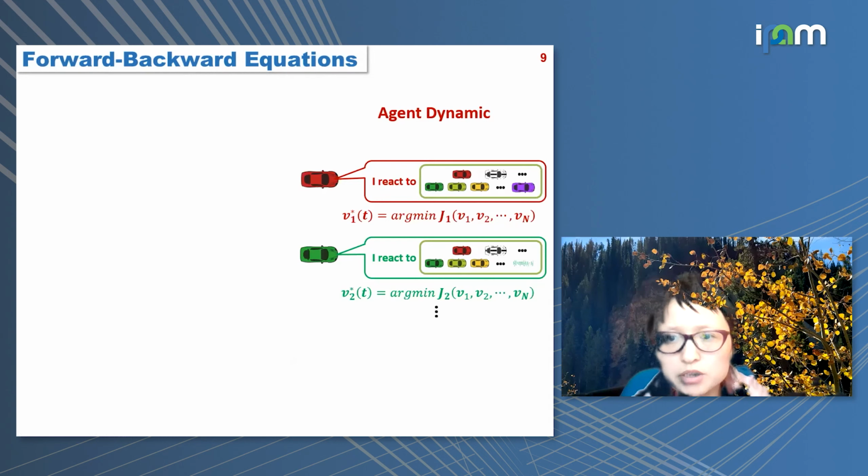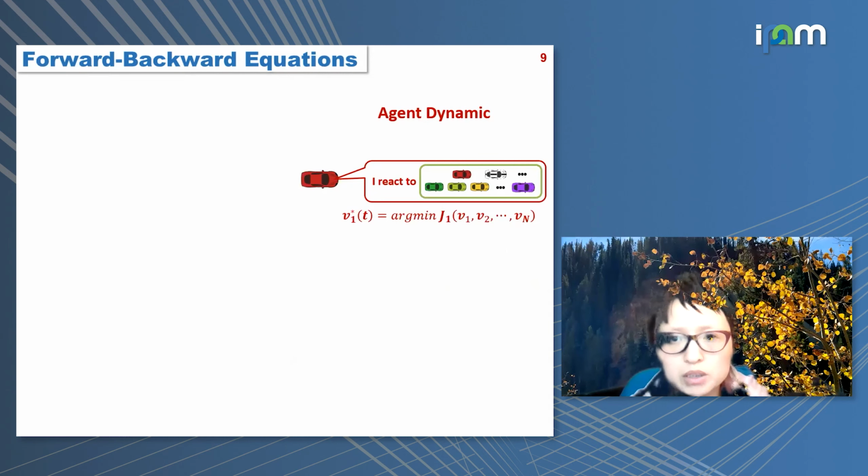But instead of solving an infinite number of optimal control problems, we assume these cars are anonymous and have an identical objective function.